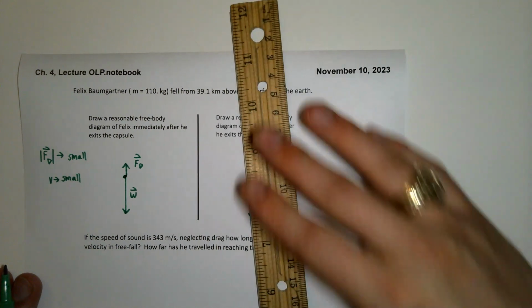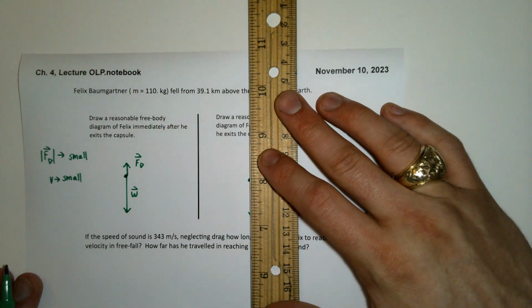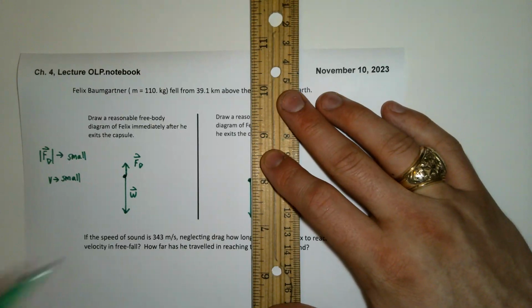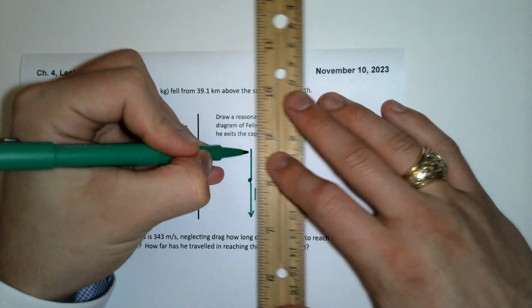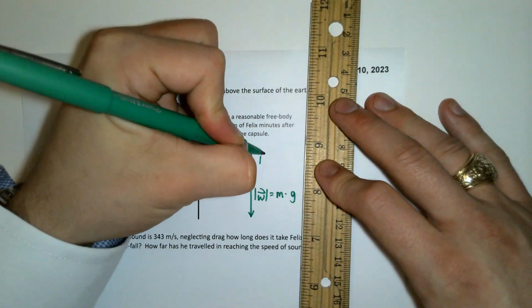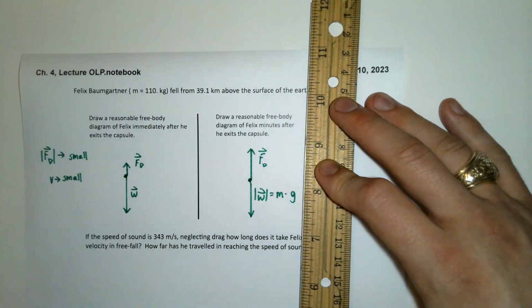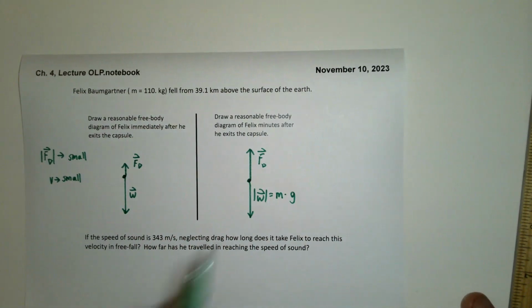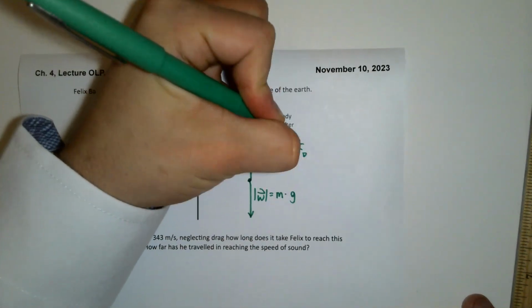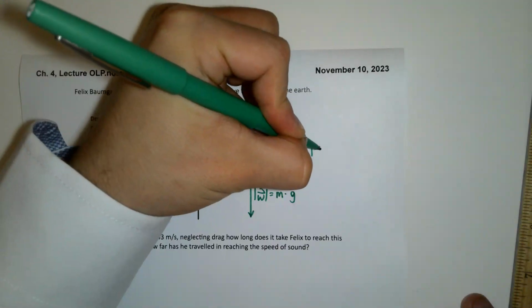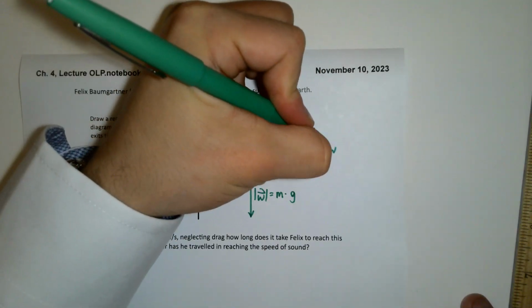The force of drag is still opposing his descent, but now we'll say it has been long enough for that force of drag to get strong enough that it is just as strong as the weight that's acting on him, or the force of gravity. So we'd say the force of drag is equal to his weight.